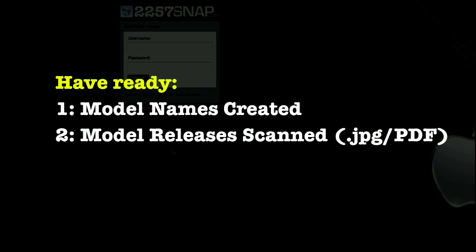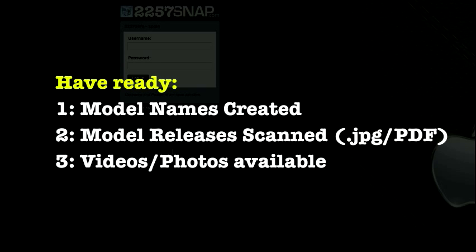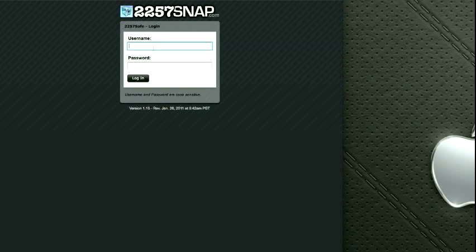They can be saved as either a JPEG file or a multi-paged PDF file. And lastly, you'll need to have the content available on your computer to upload when you're ready. So if all of those things are in place, let's go ahead and begin the process.